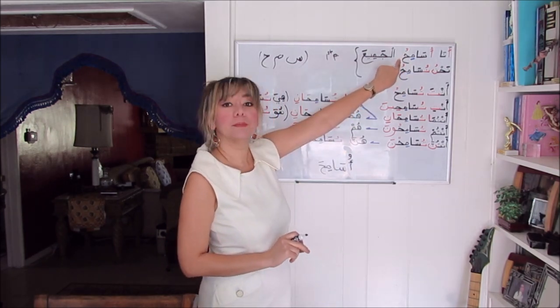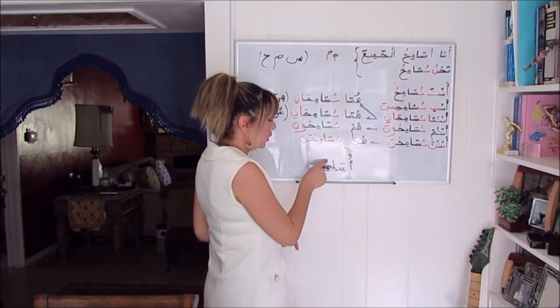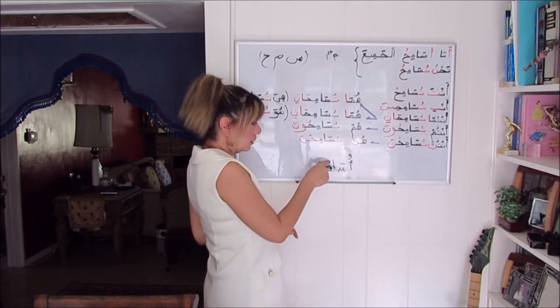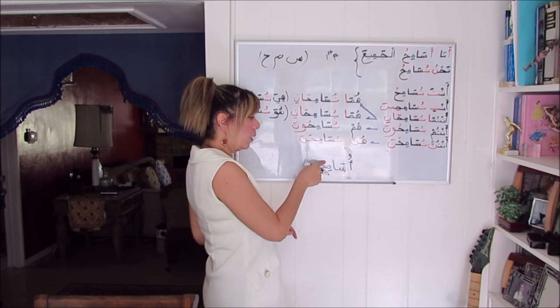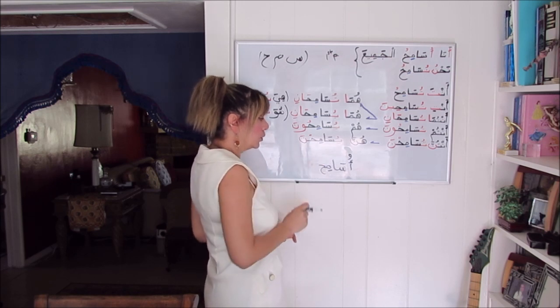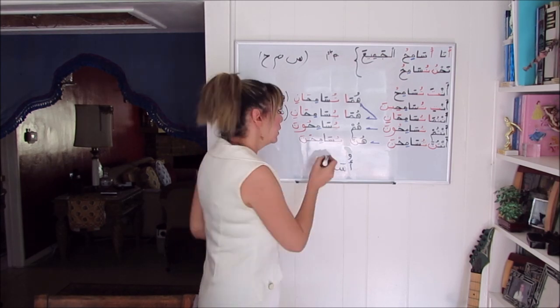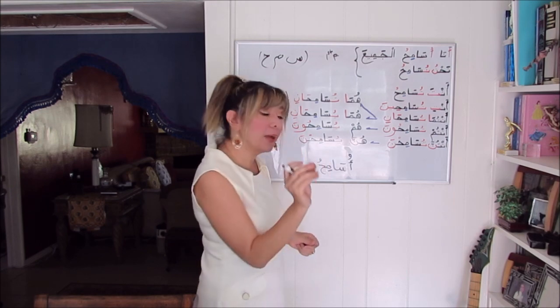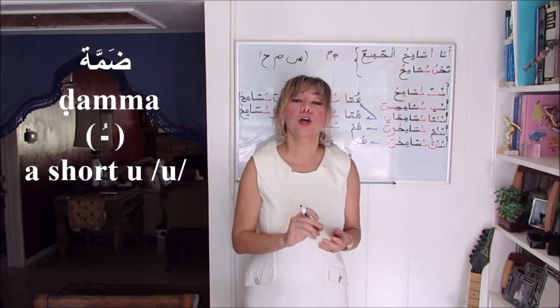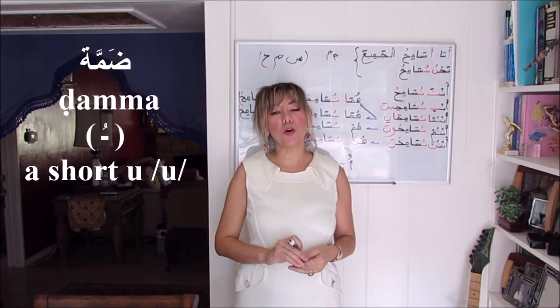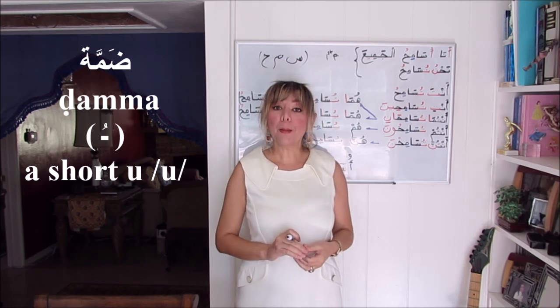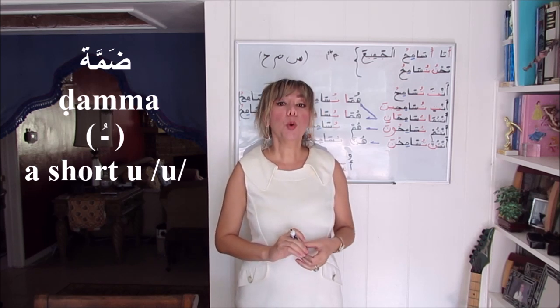And we have changed the last vowel of the third radical of the root to damma, and the damma is the indicator of the nominative case of this tense, usamihu.